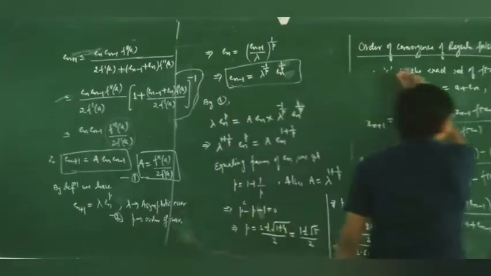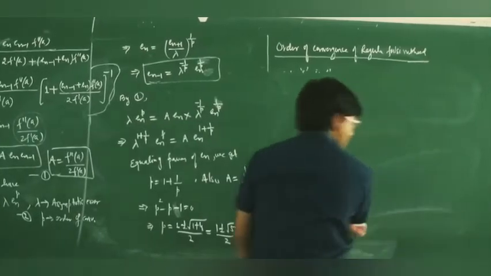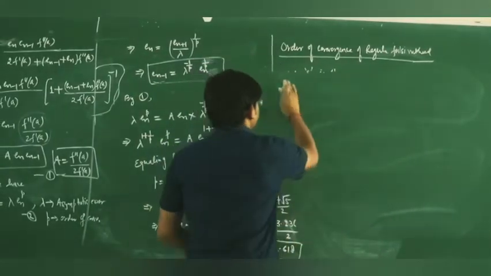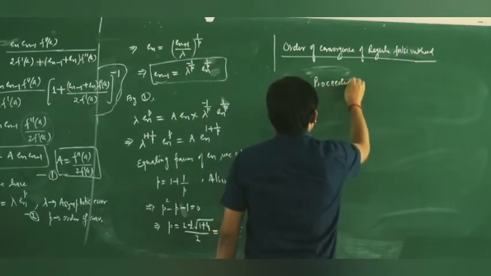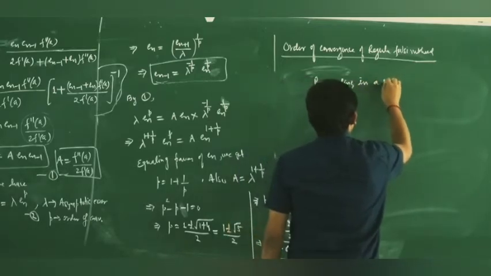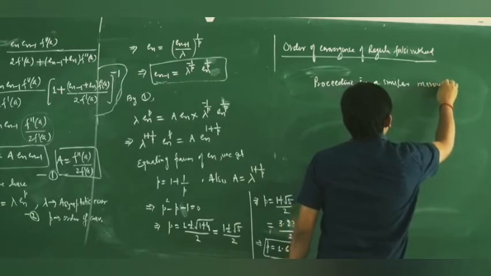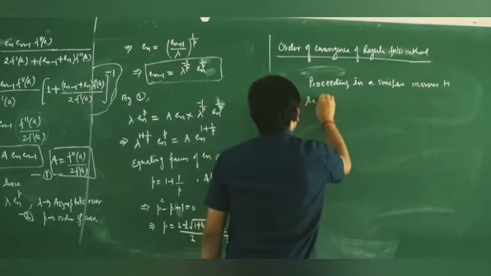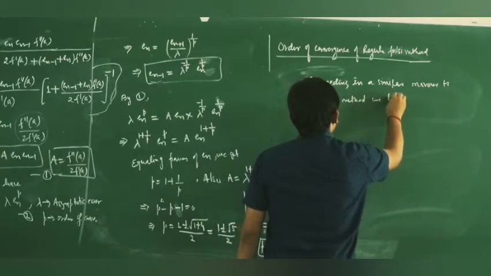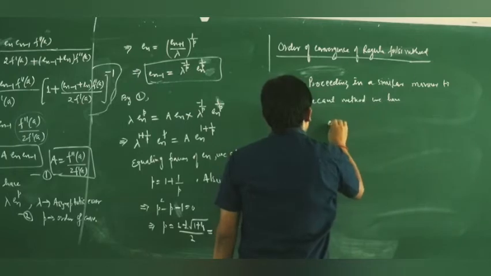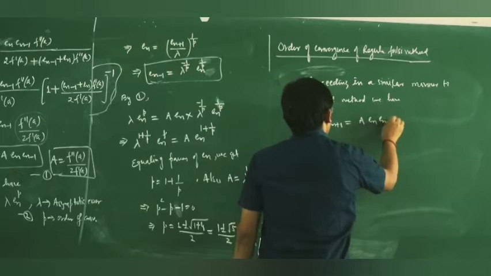So again, proceeding in a similar fashion to second method, we have this En plus 1 equal to A times En into En minus 1.